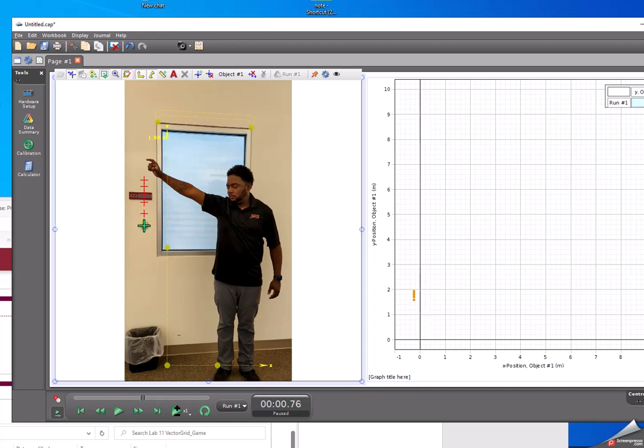Which means at equal time intervals, the movie plays one frame, and in every frame you check the position of the object of interest. So you click, and hopefully it will not drop into the trash can. All right, here and here and here, stop.